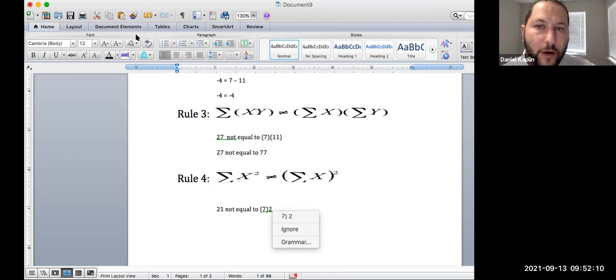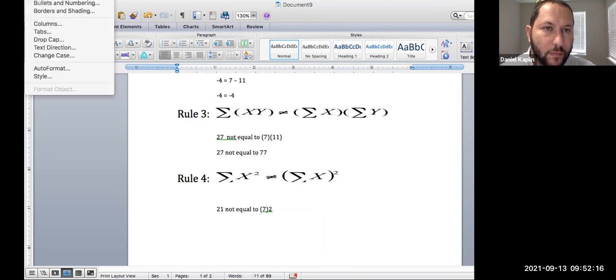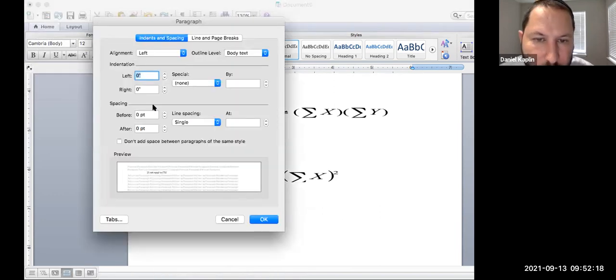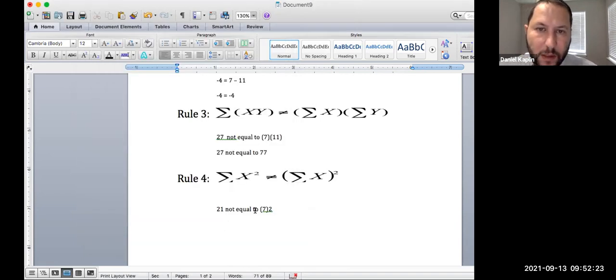All right, let's go into paragraph to make this... All right. So, yeah, so 21 is not equal to 7 squared, right?